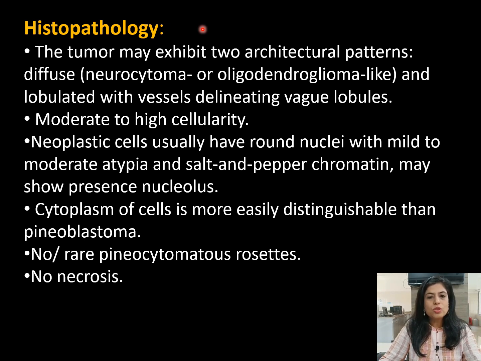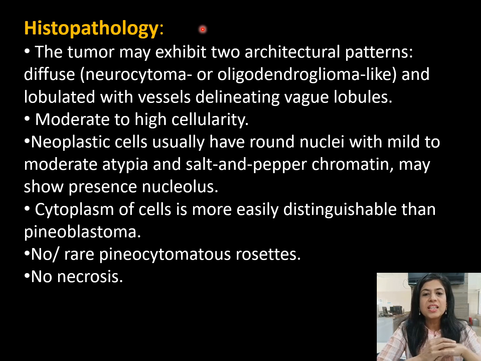Summarizing the histopathology, the tumor cells may exhibit two architectural patterns. First is the diffuse pattern, where the tumor appears neurocytoma-like or oligodendroglioma-like. And the second is the lobulated, with vessels delineating vague globules. Now, PPTID is a potentially aggressive tumor, and it has moderate to high cellularity.